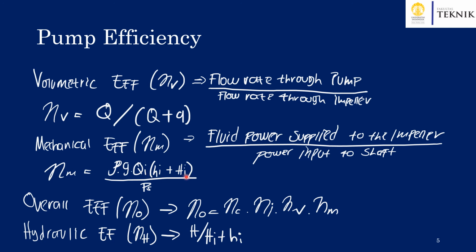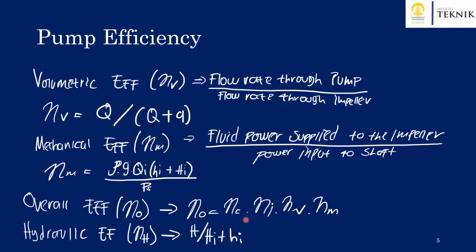And by combining all of these efficiencies, we get the overall efficiency of any centrifugal pump, which is NO, that is equal to NC plus NI, multiplied by NV, multiplied by NM, the mechanical efficiency. So we multiply all of them to get the overall efficiency of a centrifugal pump.